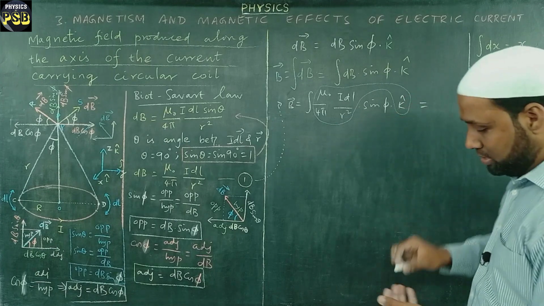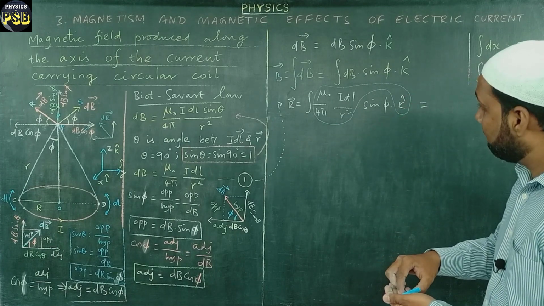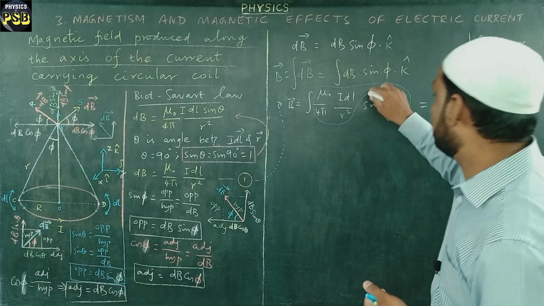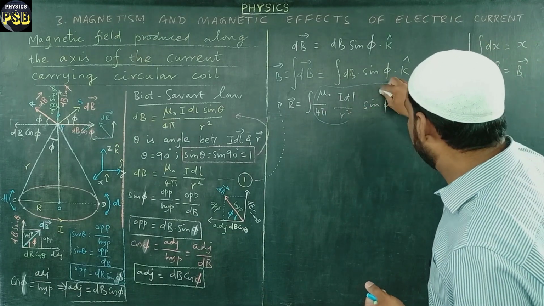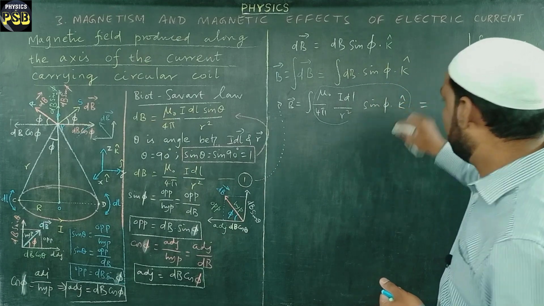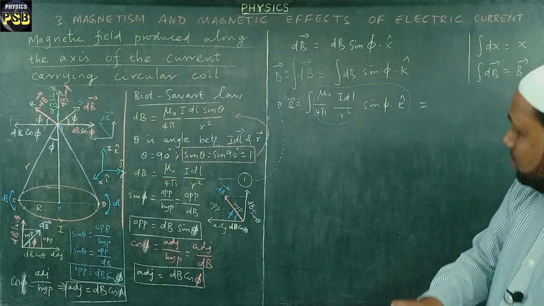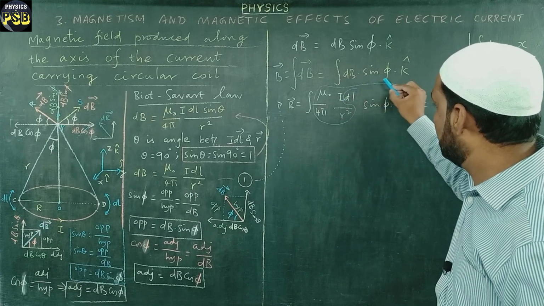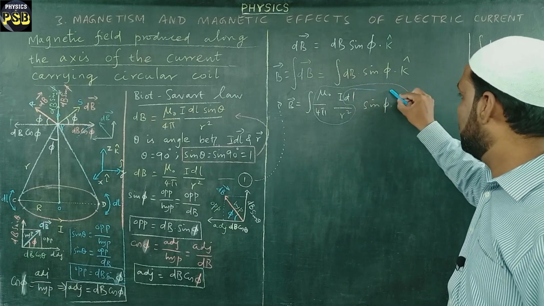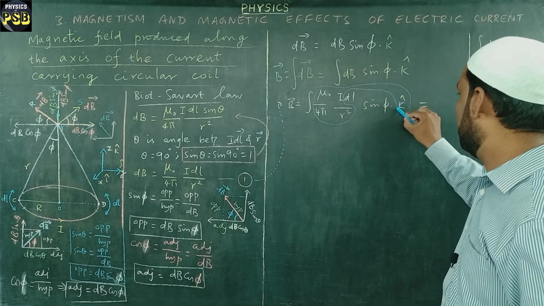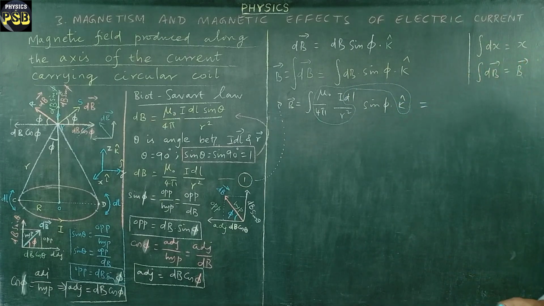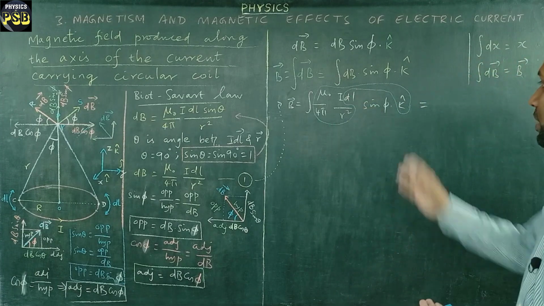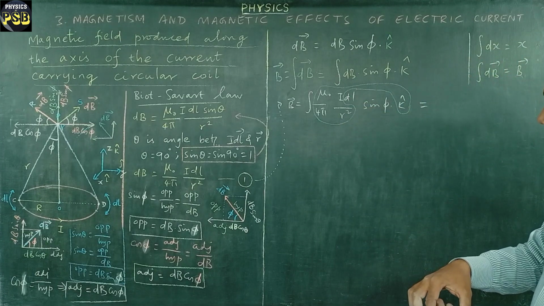I'm sorry, not this equation. This portion is a constant. Okay, so we integrate only this part. Remaining terms are taken outside.